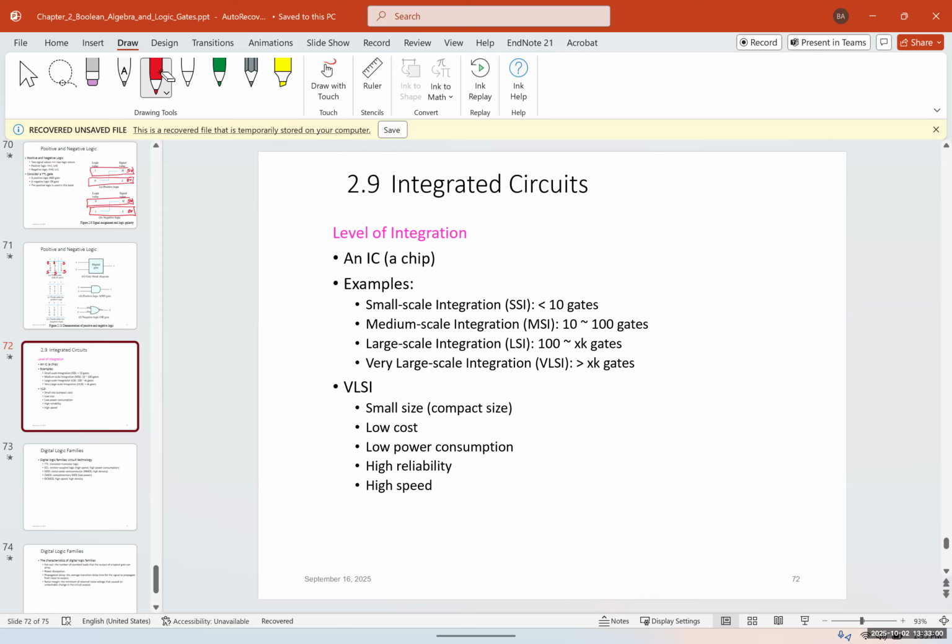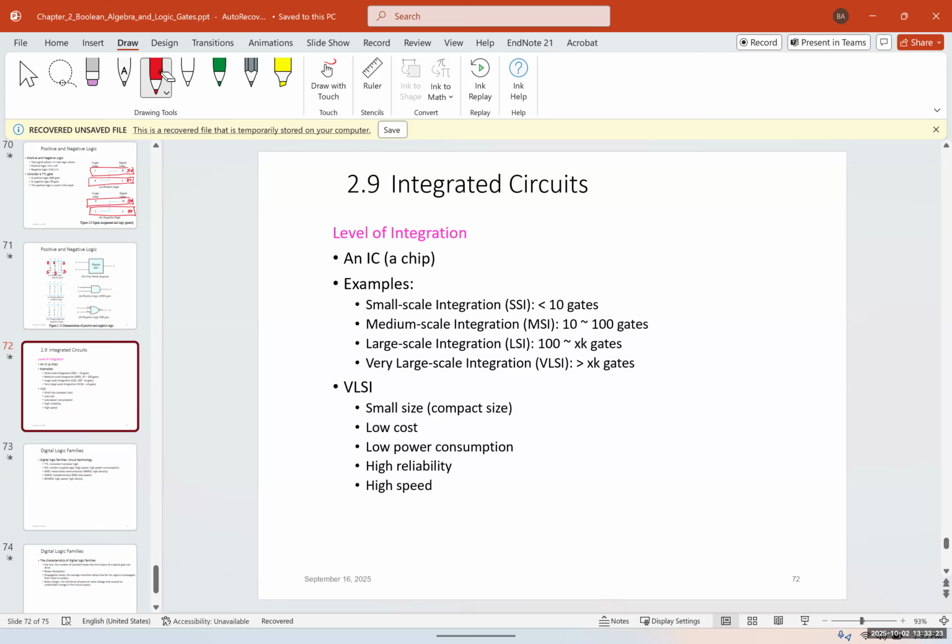We have large scale integration, LSI, which is 100 to a few thousand gates, and very large scale integration, which is above a few thousand, a few 100,000, sometimes millions. I don't know if you have heard about VLSIs. In this book, we are just going up to the VLSIs.